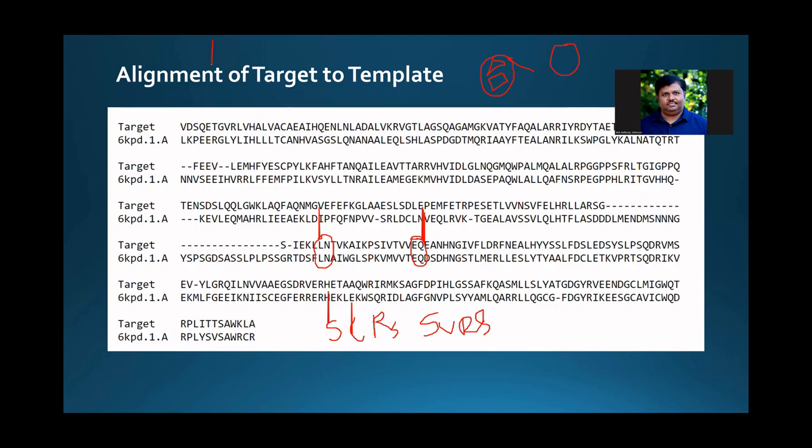A three-dimensional structure of any protein is represented in form of its XYZ coordinates. So X coordinate, the Y, and the Z coordinate. All these three in a three-dimensional space will tell me where a particular amino acid residue is present in the three-dimensional space.